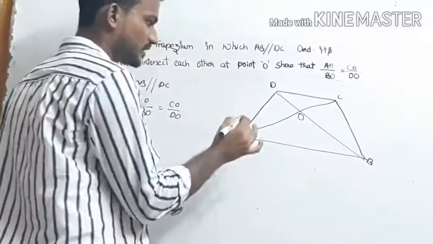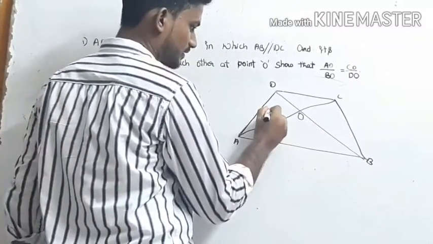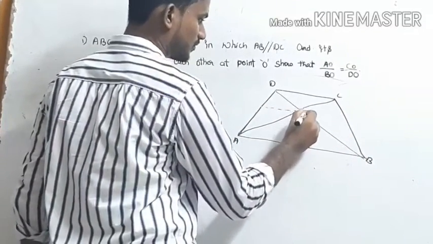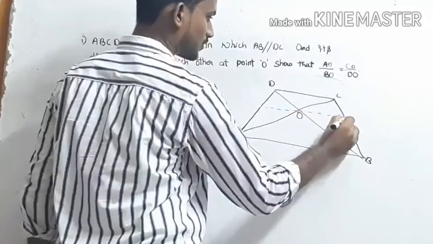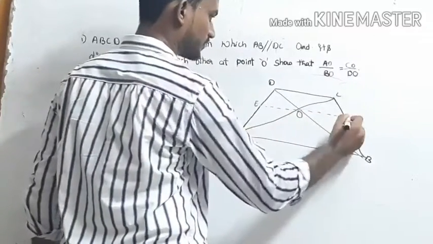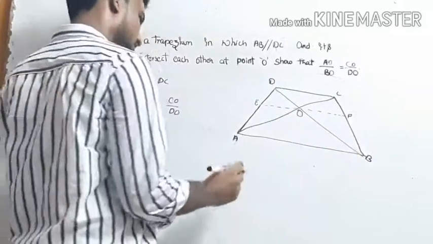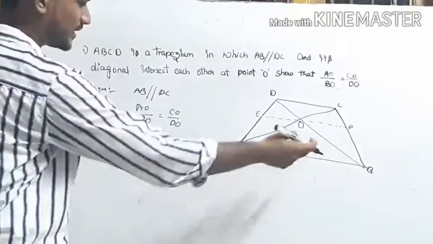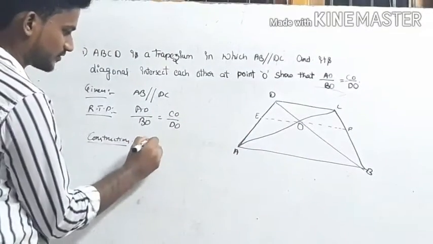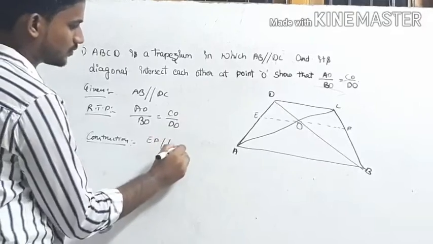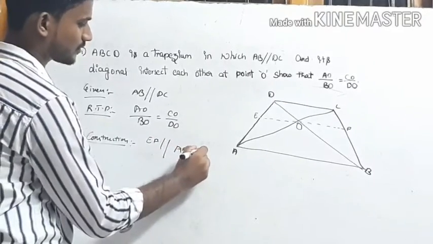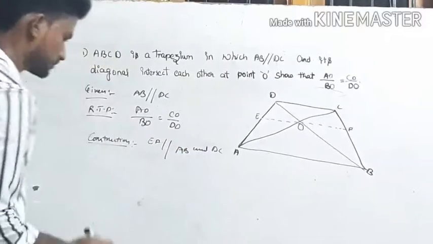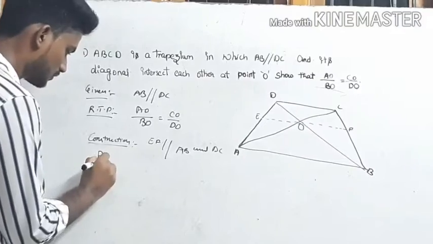So from O we construct EF, which is parallel to DC and AB.